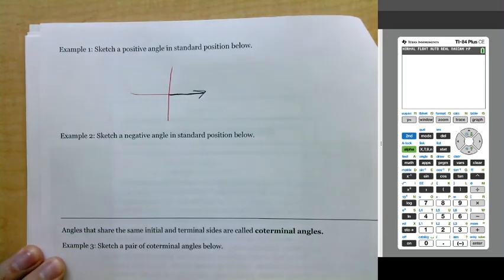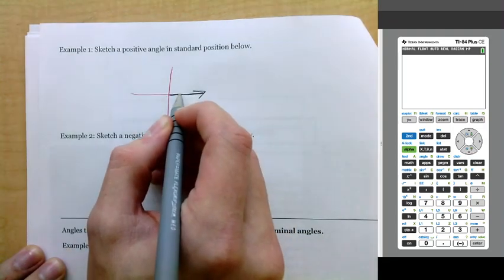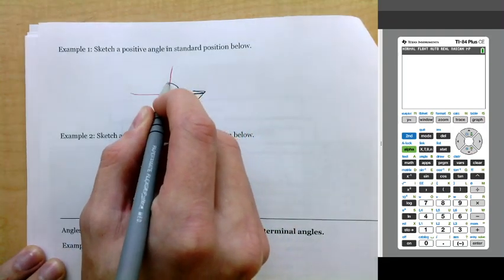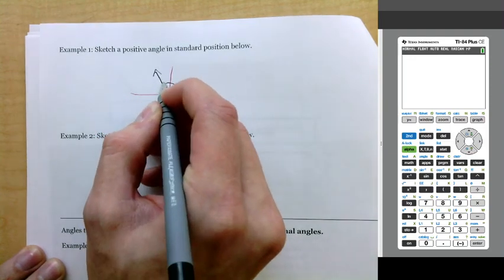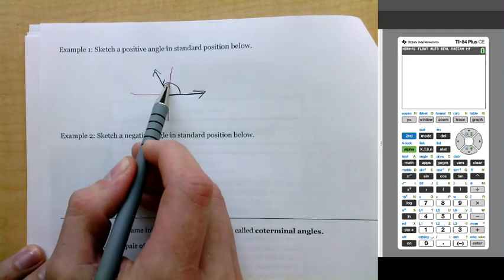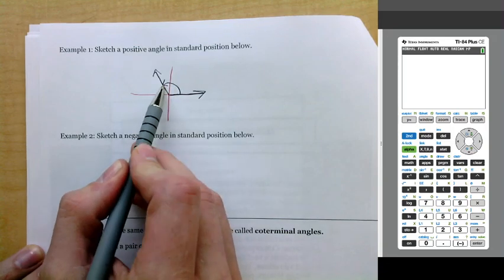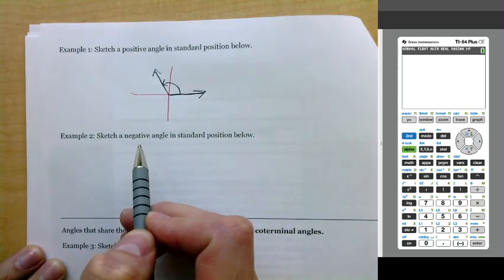And our terminal side will be anywhere we want as long as we rotate in a counterclockwise direction. So say right here. And notice I have this little arc here that represents which direction we're actually rotating with this angle.